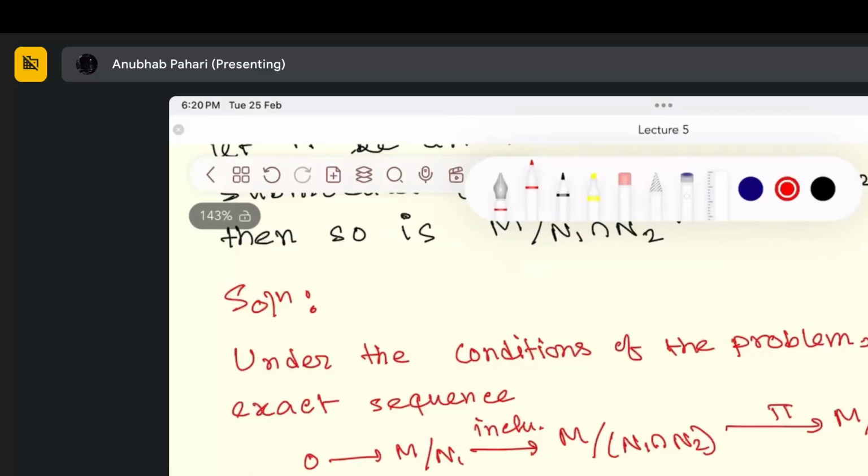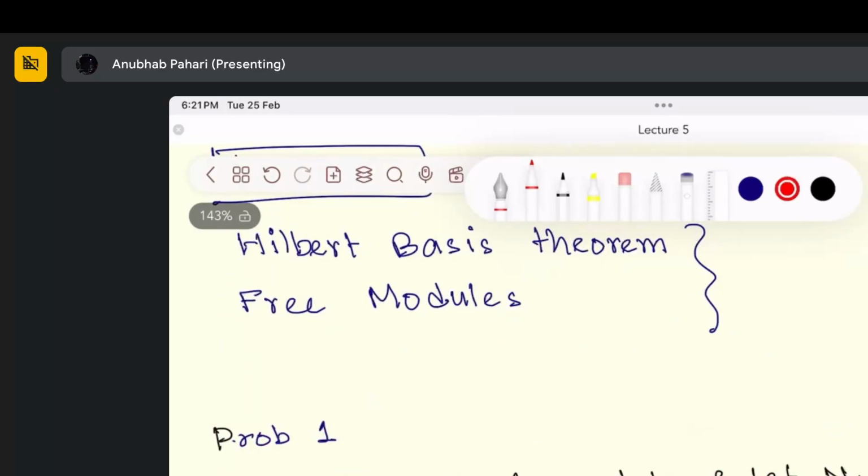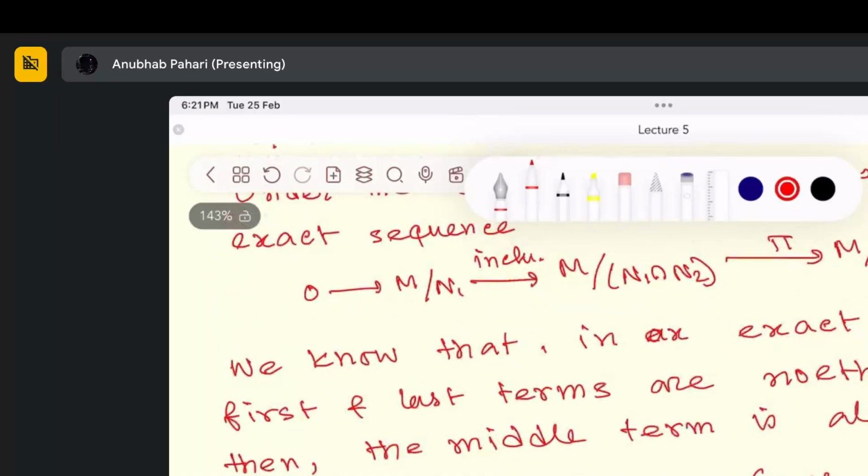So M by N1 intersection N2 is Noetherian, respectively Artinian. Now this is done.